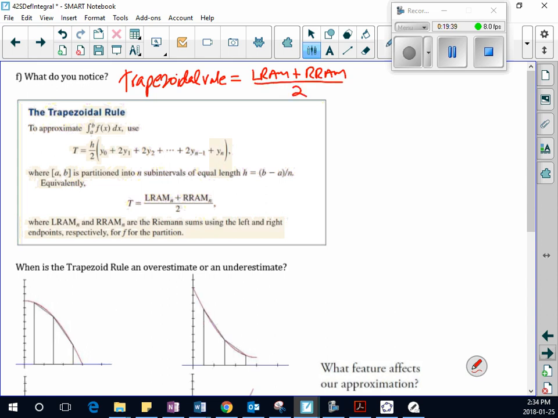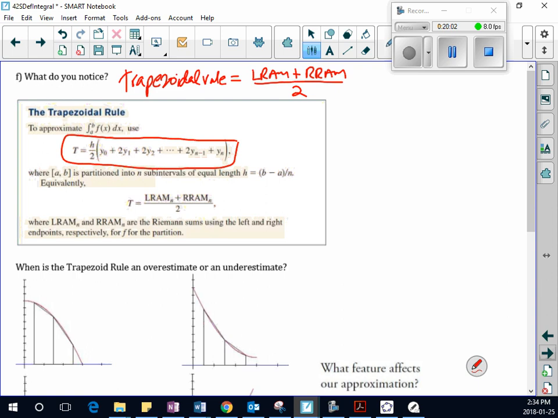Okay, and so this is basically what I already proved to you. It looks all fancy, but essentially what we're doing is taking 1/2 times the heights, and the widths are the widths of each sub-interval. And we're taking the end ones only once, and all the middle ones we're doubling, right?